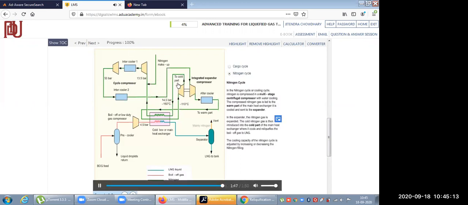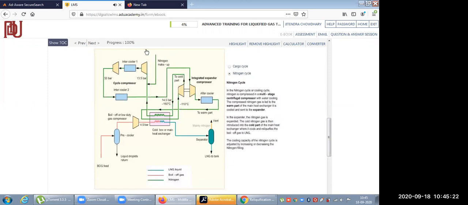The cooling capacity of nitrogen is regulated by controlling the amount of nitrogen in the line.